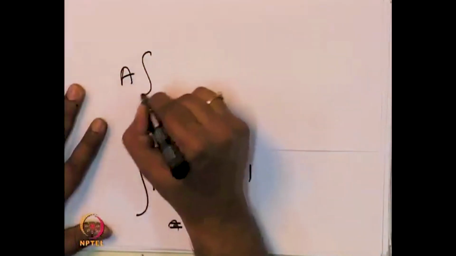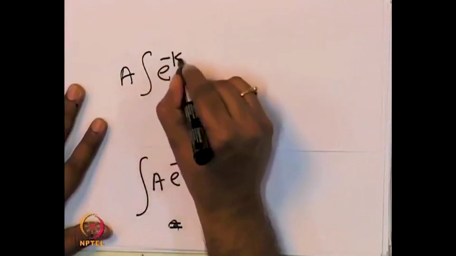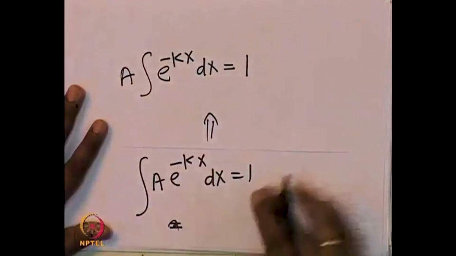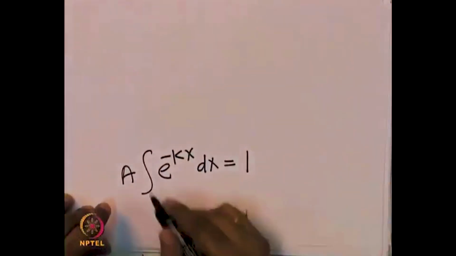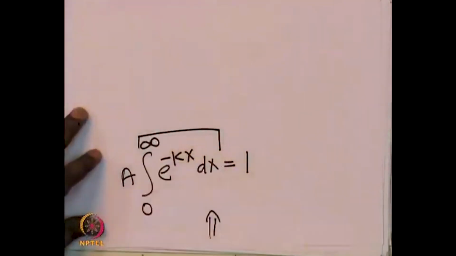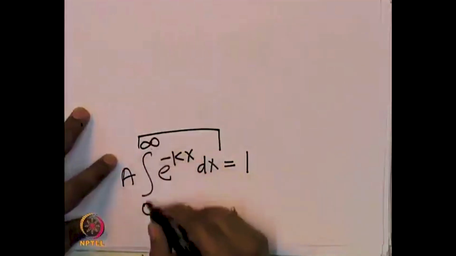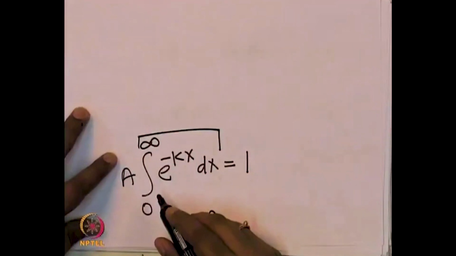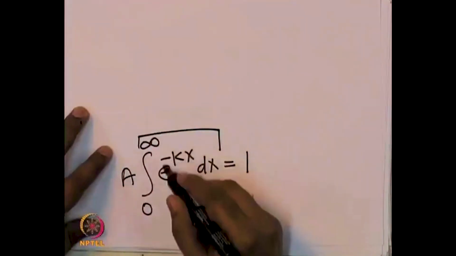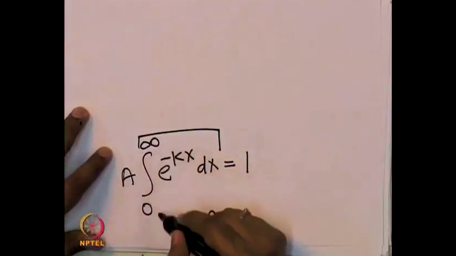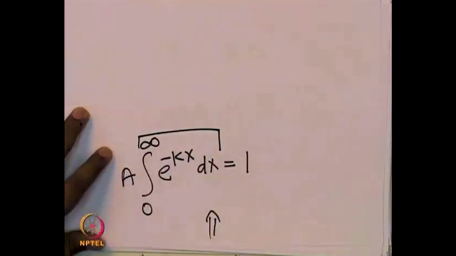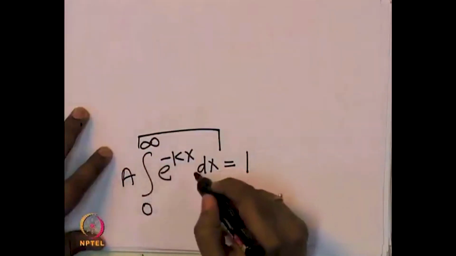So, a times the integral of e power minus kx dx equals 1. What is the limit? The limit is 0 to infinity, because the length of a microtubule is between 0 and infinity. It can't go negative. The time you have to wait typically cannot go negative. So, the integral is from 0 to infinity. So, what is the integral of e power minus kx from 0 to infinity?